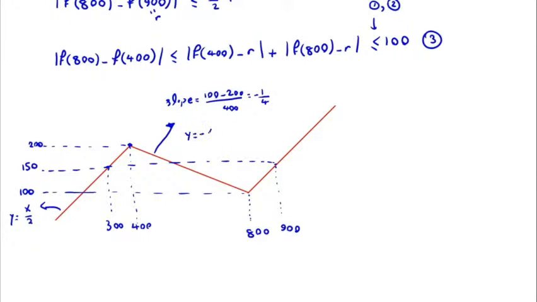So y will be negative x over 4, and at 400 it is negative 100 plus 300. And for 800, it will be negative 200 plus 300, which is 100. And then this one, the slope again, if we consider x over 2, for 800 it will be 400 minus 300.